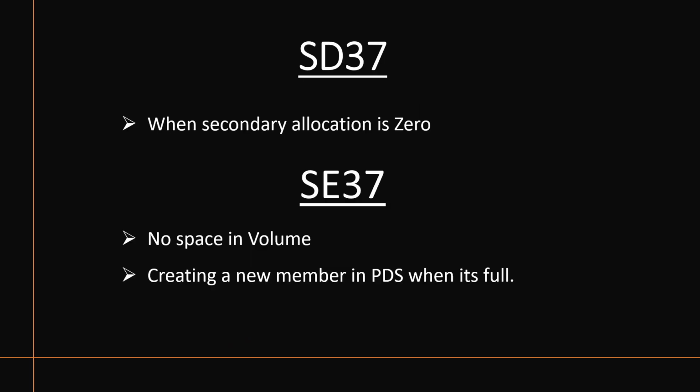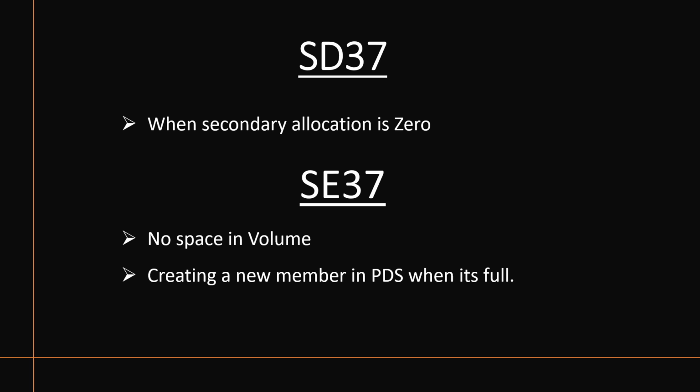First, SD37. SD37 will occur when you do not give a secondary allocation in space. You remember, as I told you how to create a data set, you give a primary allocation and a secondary allocation while creating a data set. Secondary allocation determines how many extents a data set can take. If you give 200 or 300, that space will be taken for new extents.